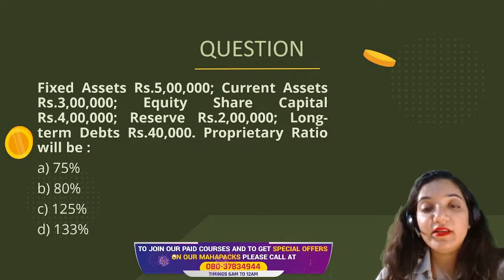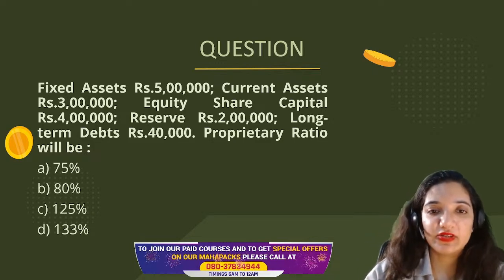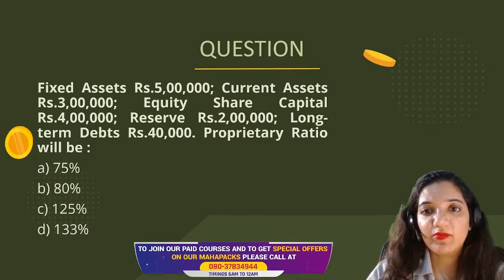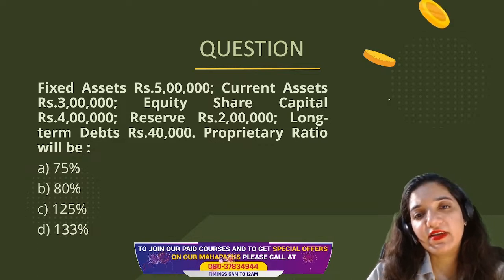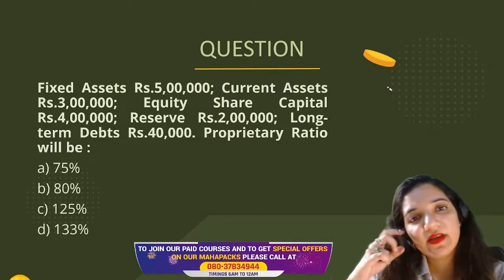Proprietary ratio would mean the ratio of the proprietor. Proprietor means the owner of the organization. So how do we find this value? Proprietary ratio is going to be the part of proprietor upon total assets.